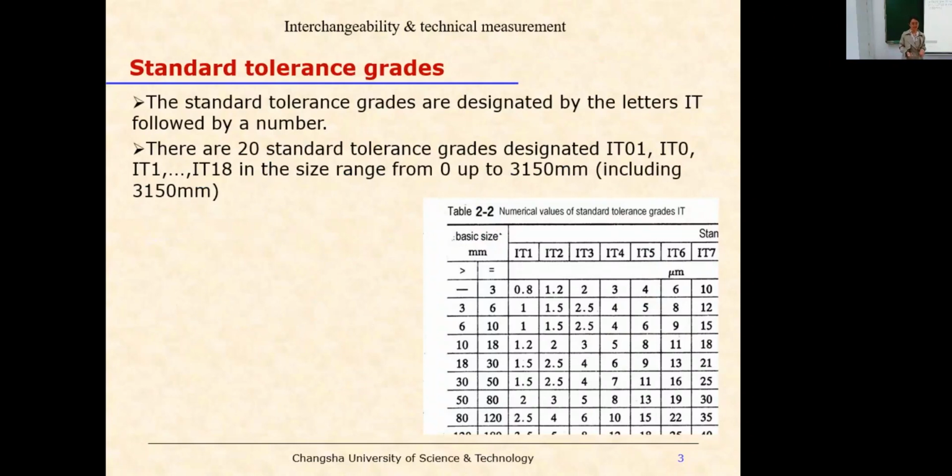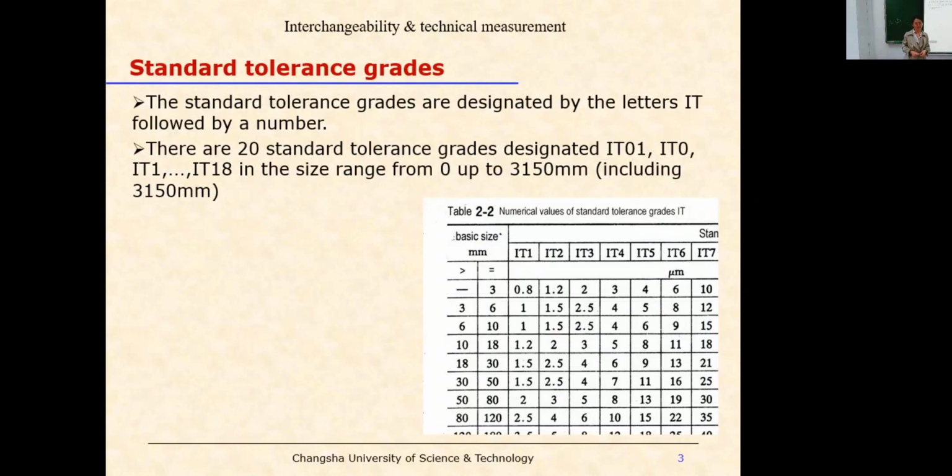The standard tolerance grades are designated by the letters IT. This IT means the tolerance. How long the length is, how big or how large it is, is given by the number.